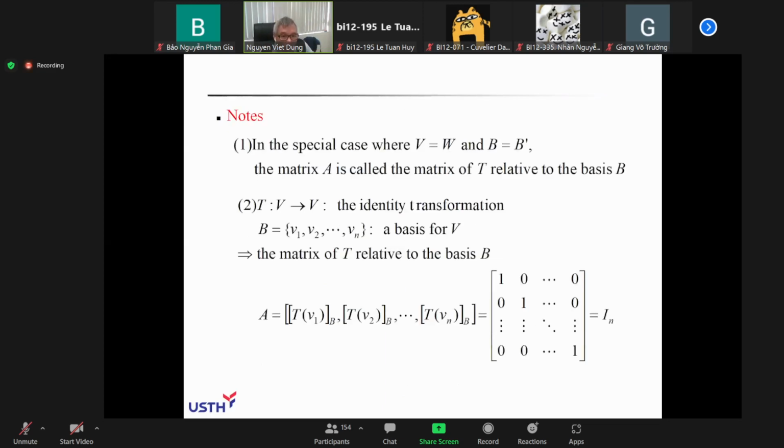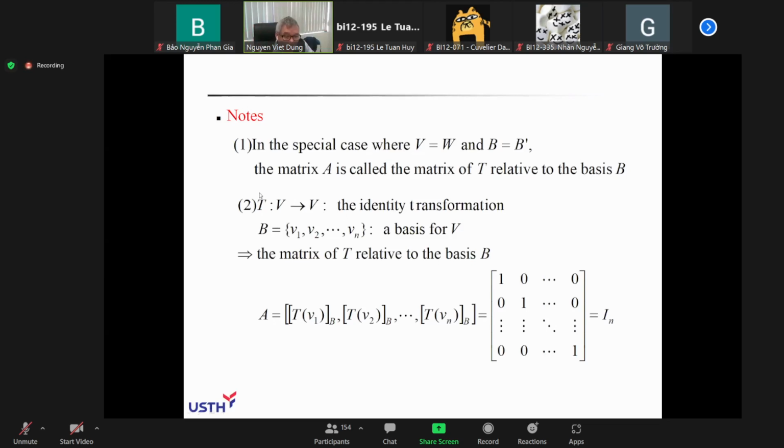Now we consider the special case. The special case is when domain and codomain are the same, and on both sides, on domain and codomain, we choose the same basis B. Then in that case, the matrix A will become the matrix of T relative to the basis B. Now we need to specify only one basis, not two bases B and B prime as before.